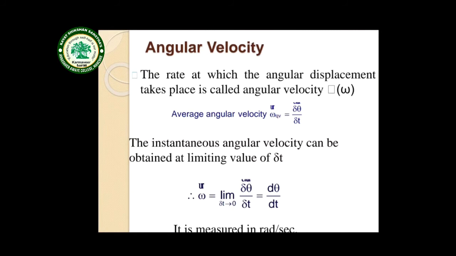The amount of change of angular displacement of the particle in a given period of time is called angular velocity, which is the basic definition. The direction of the angular velocity vector is perpendicular to the plane of rotation, in a direction indicated by the formula given below. So omega is equal to d theta by dt.